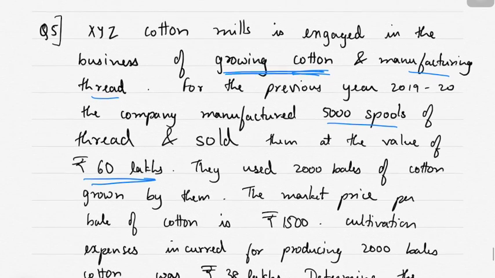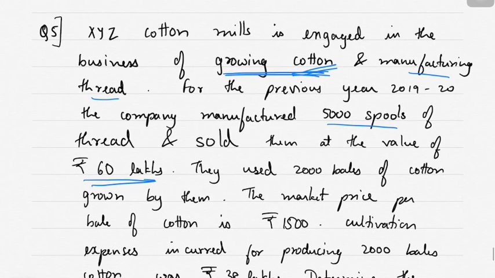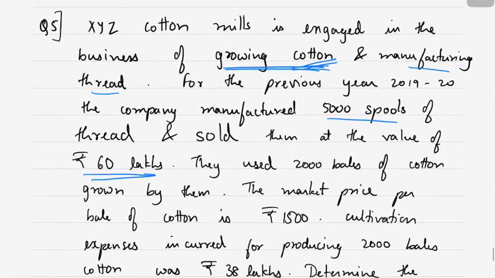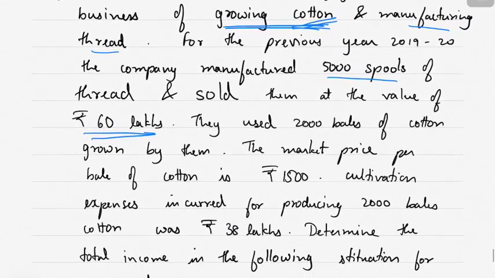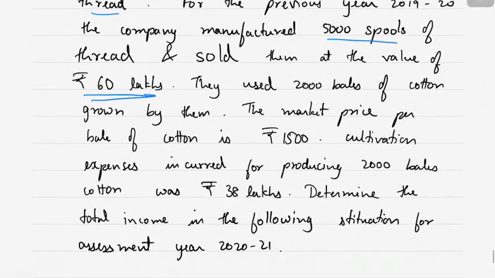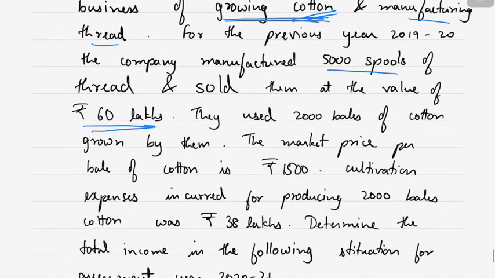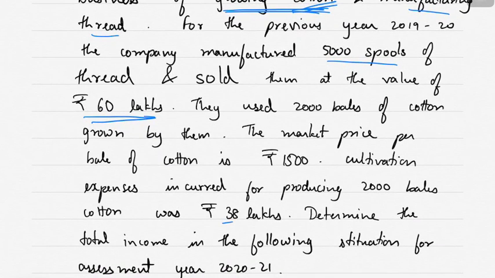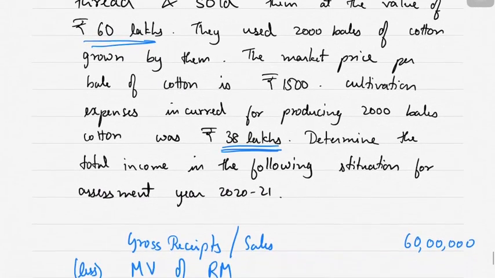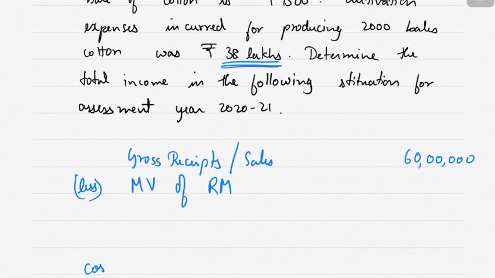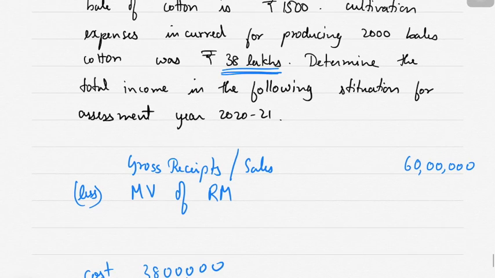In this case my raw material is cotton. Now the company has spent 38 lakhs to produce cotton. So cost of raw material will be 38 lakhs, correct?